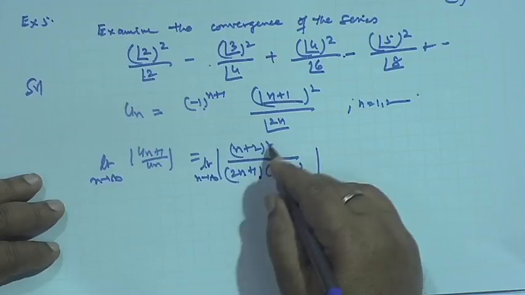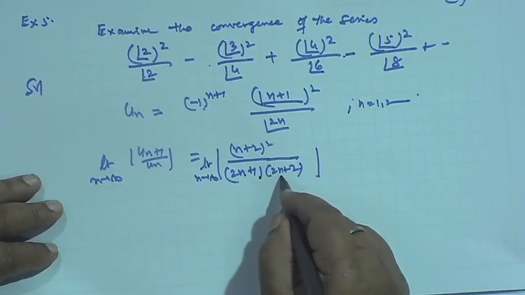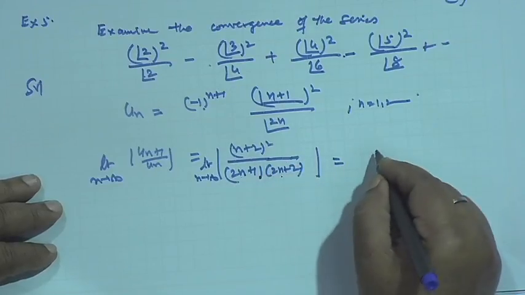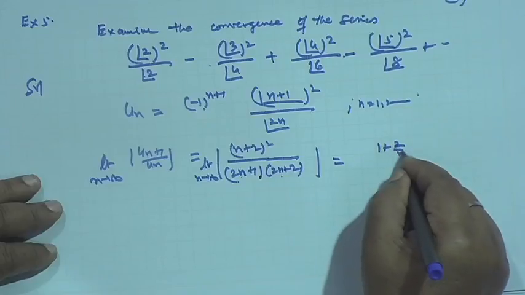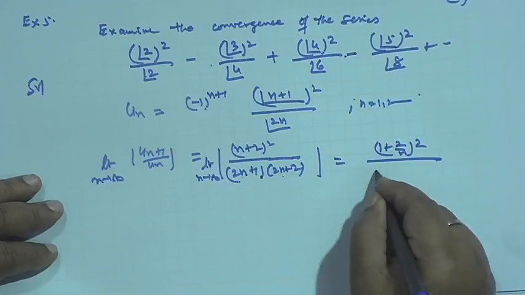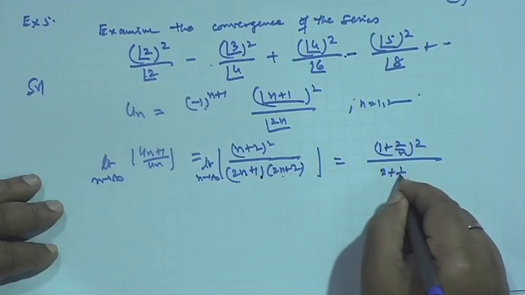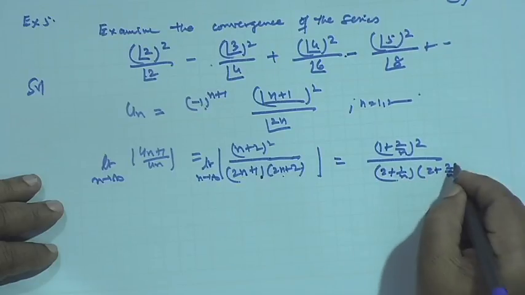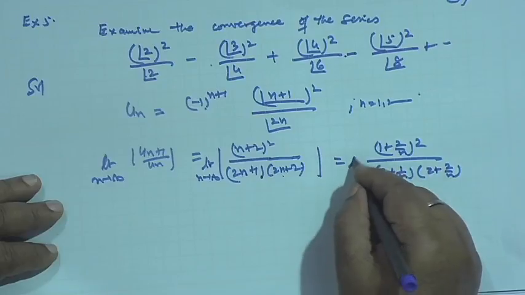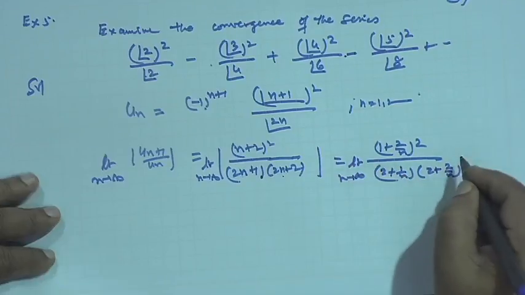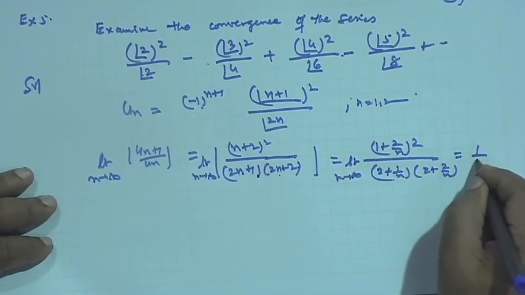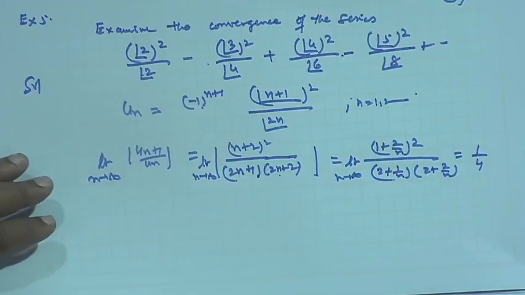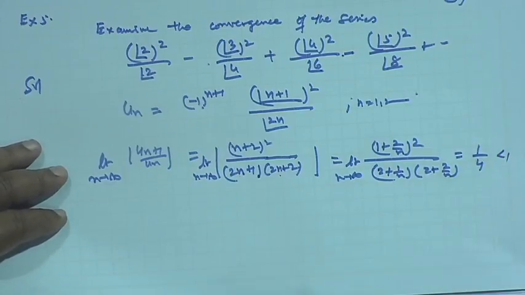In this limit, when you take n square outside from here and n from here, you are getting (1 plus 2 by n) whole square over (2 plus 1 by n)(2 plus 2 by n), is it not? And then limit as n tends to infinity. So, basically this is 1 by 4, less than 1.